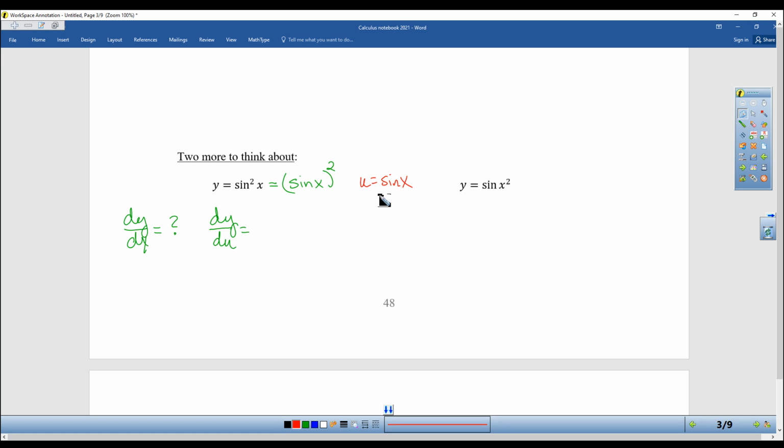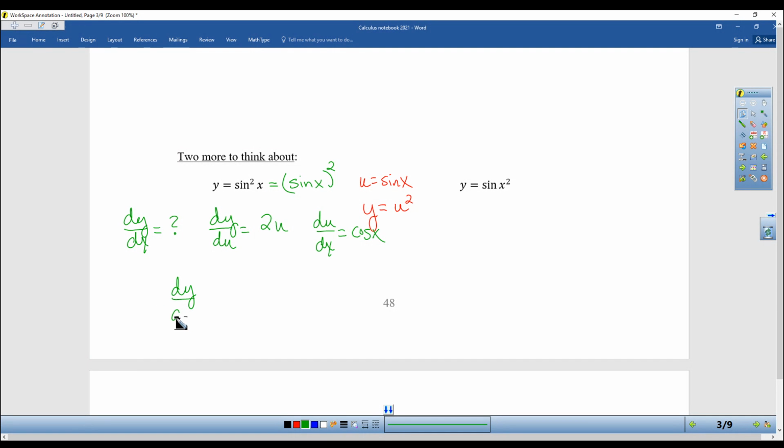Because now, if u is equal to sine of x, then y is equal to u squared, which is a very straightforward derivative that I can do, 2u. And what is the derivative of u with respect to x? Here's u. The derivative of u with respect to x is cosine of x.